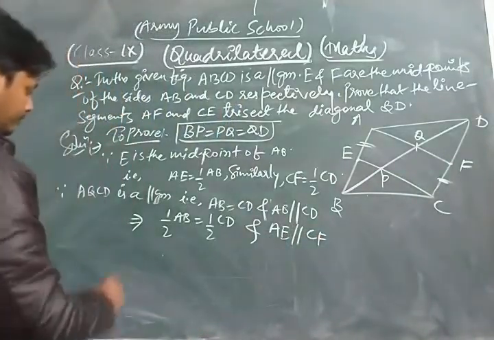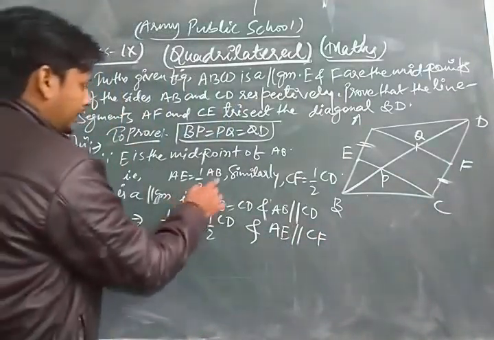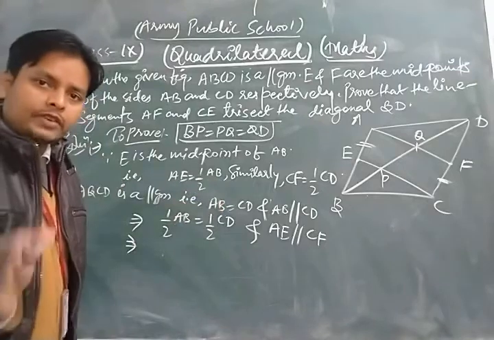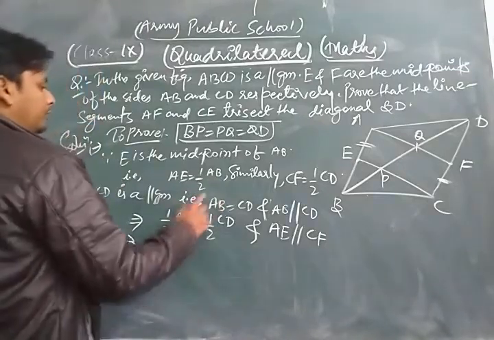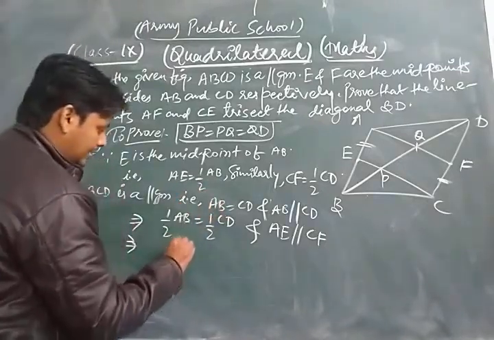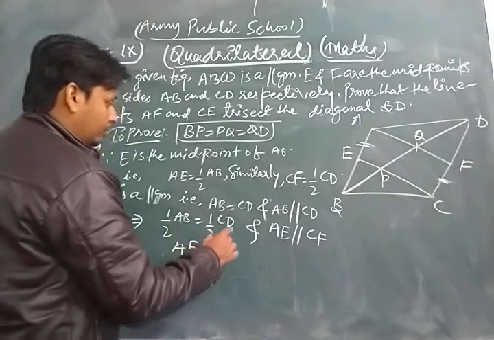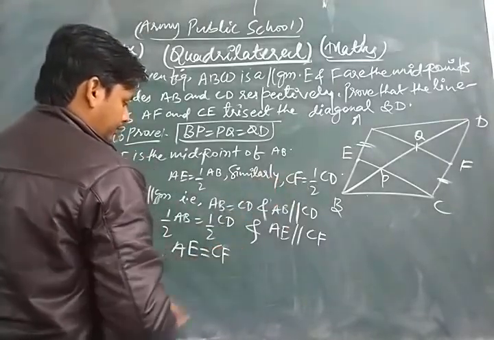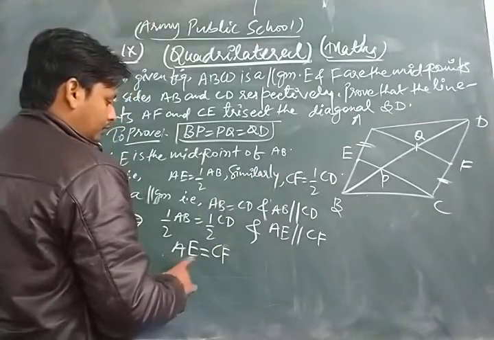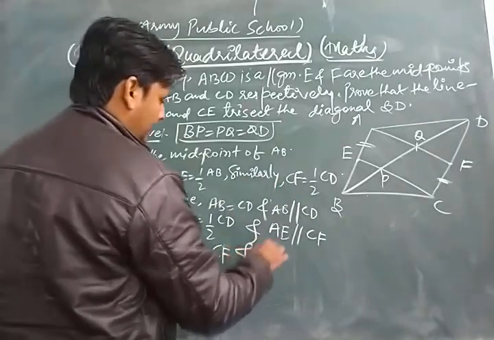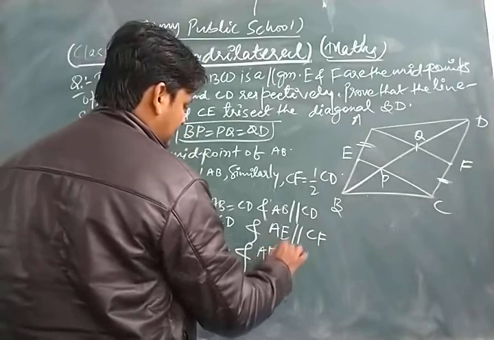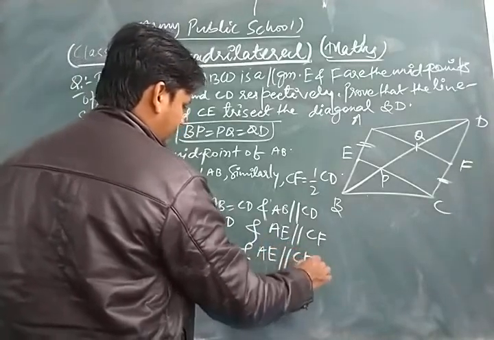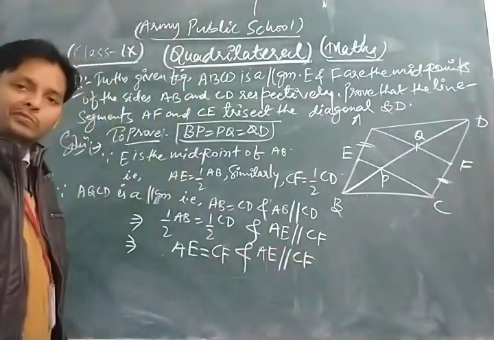Using the above relation, half of AB is equal to AE and half of CD is equal to CF. So AE is equal to CF as well as AE parallel to CF.